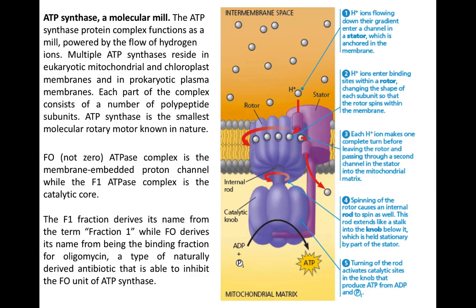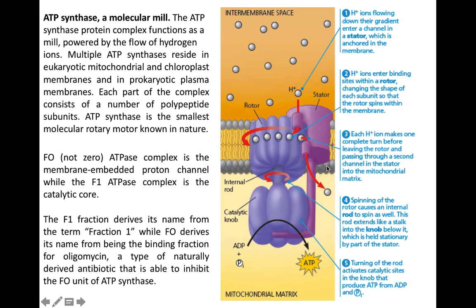So let's look at the ATP synthase enzyme in detail. As we can see, this is the intermitochondrial space, and this is the mitochondrial matrix, and that's the intramembrane space. So there are lots of protons which have been accumulated in the intramembrane space. The ATP synthase enzyme consists of two complexes.